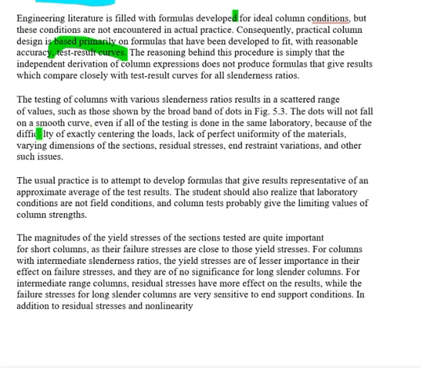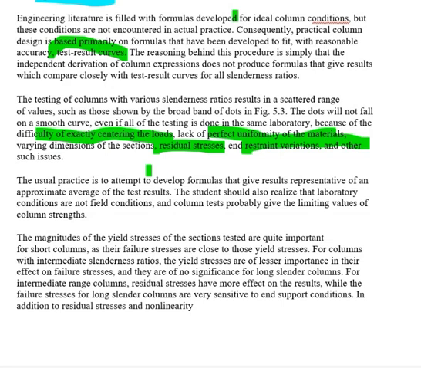Now you understand, like, because of the difficulty in exactly centering the loads or lack of perfect uniformity of materials, varying dimensions of sections, residual stresses, end restraint variations, and other such issues. Because of these issues, we will not get the dots on a smooth curve, even if all of the testing is done in the same laboratory.